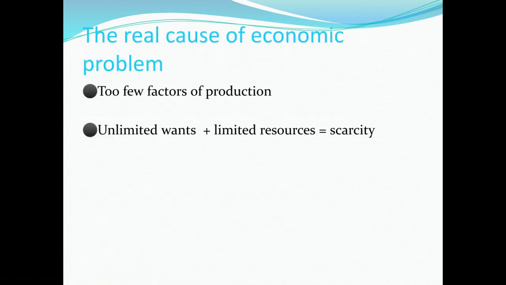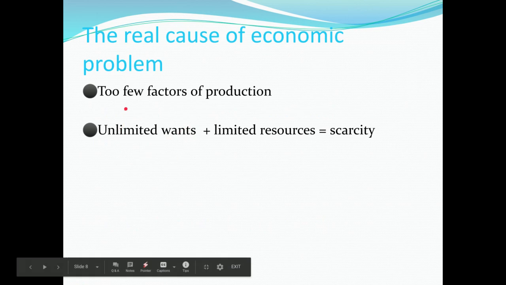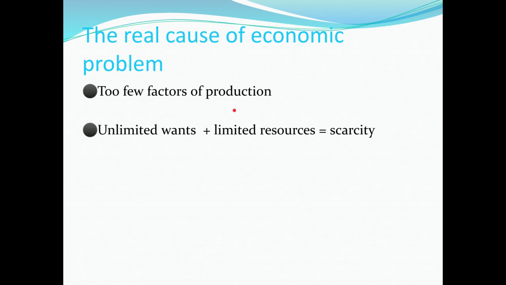Okay, so what is really the cause of economic problem? We say there are too few factors of production. You might wonder why some products are very pricey or very expensive. Let's say diamond rings. Not everyone can buy a diamond ring because it's expensive. Why is it difficult and why is it expensive to buy a diamond ring?